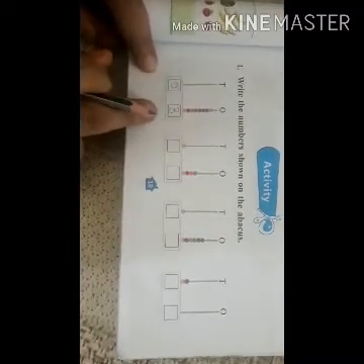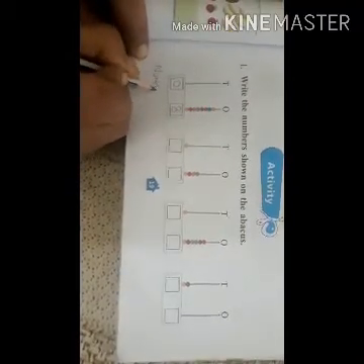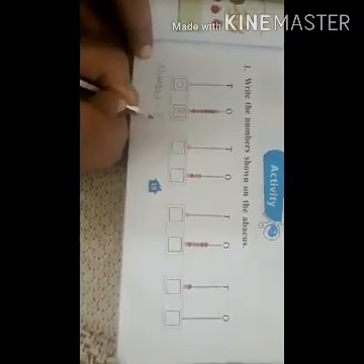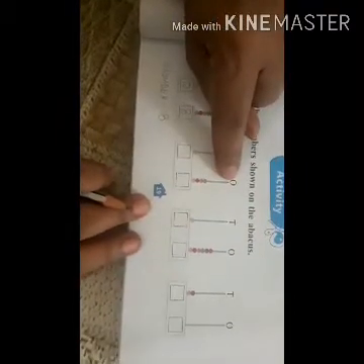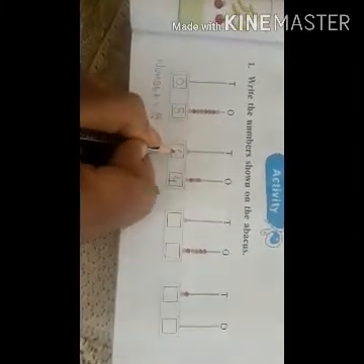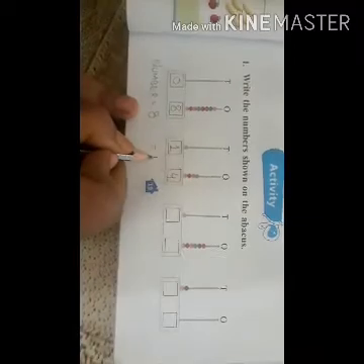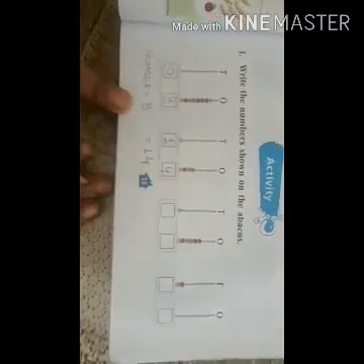But your number is 8. Now let's do the second example. Ones place, 1, 2, 3, 4. 4 beads. Now tens place, 1 bead. So you write 1. The number is 14. Understand, students? Now you will do the remaining questions.